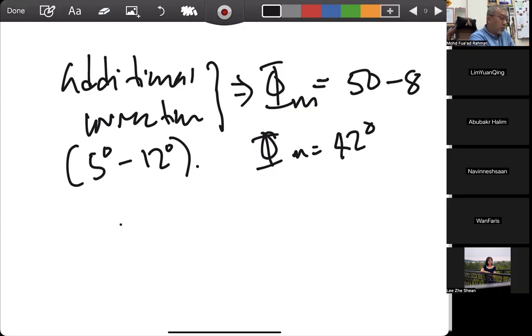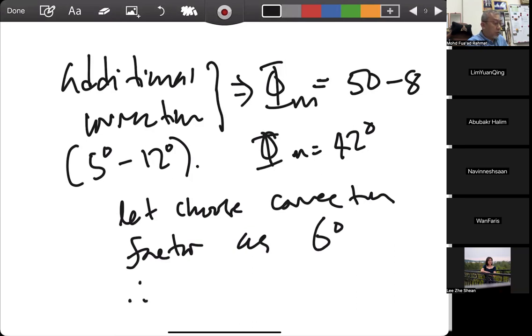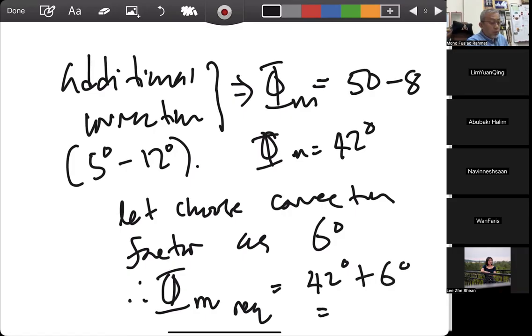So let's choose the correction factor as 6 degrees. Therefore the required phase margin is 42 plus 6 degrees, which is 48 degrees. Some classes teach 10 degrees; 6 degrees is between 5 to 12.